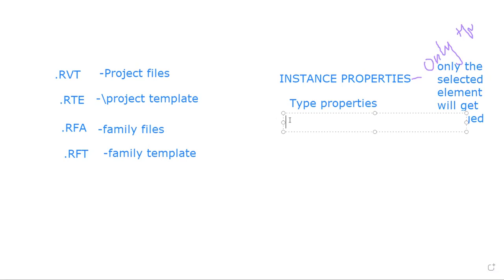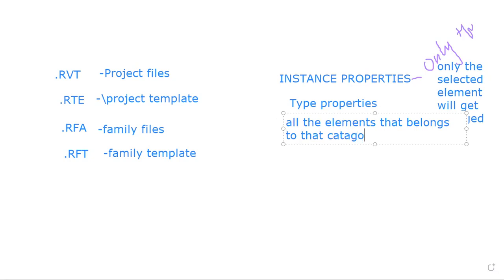In type properties, if you change something, all the elements that belong to that category will be changed. Okay. In instance properties, only the selected element will be changed. In type properties, all the elements that belong to that category will be changed. That category means nothing.